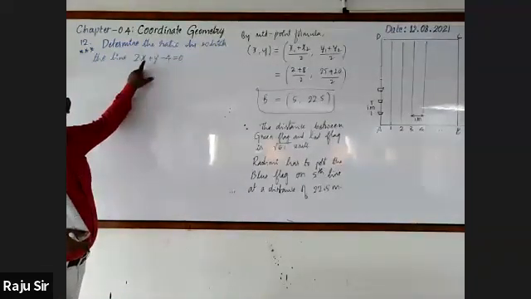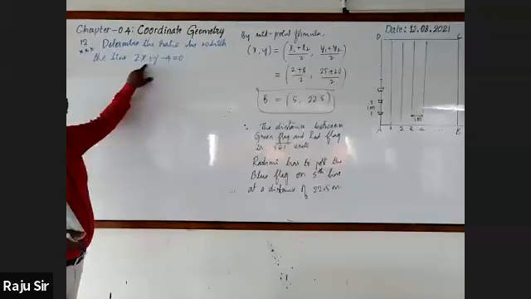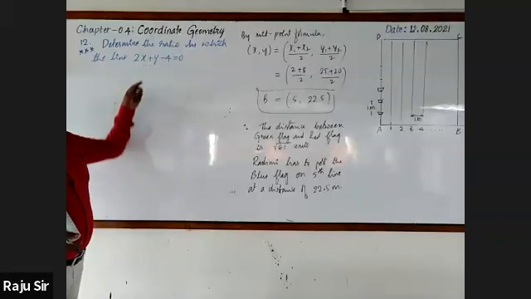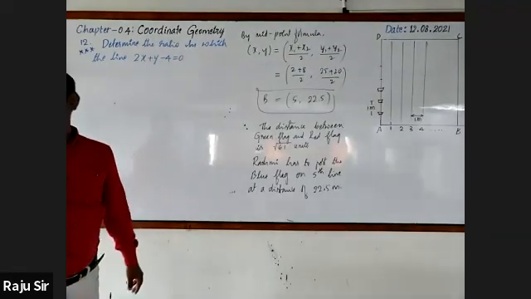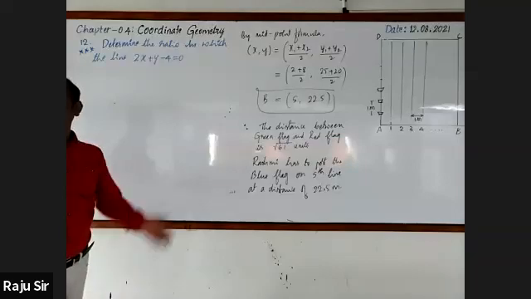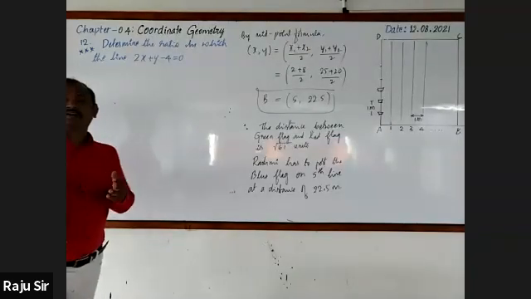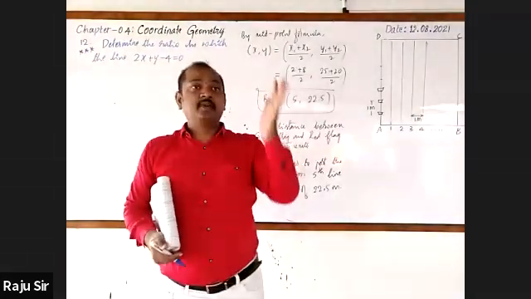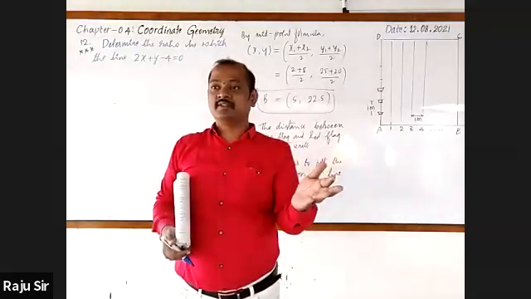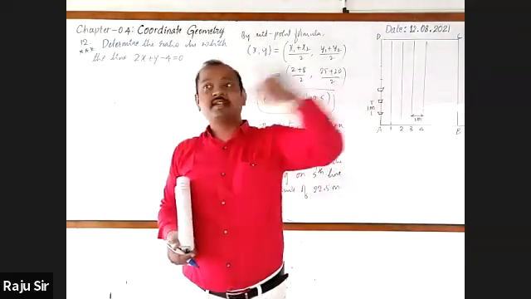It's a linear equation in 2 variables, right? What is the nature of the graph of a linear equation in 2 variables? Straight line. Parabola is a quadratic equation. Linear equation, it is a straight line.